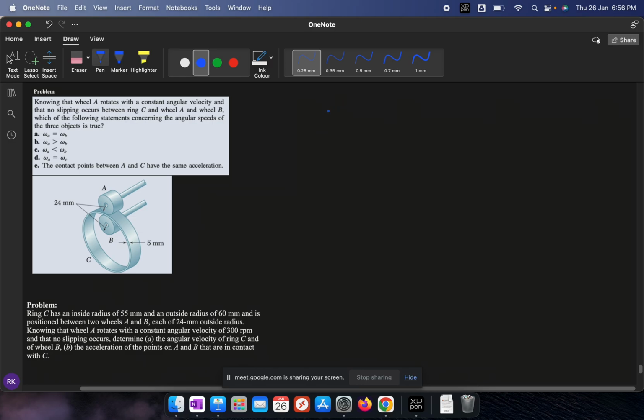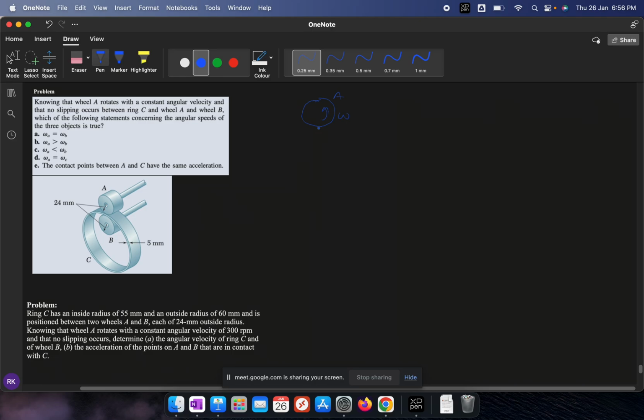Okay, so let's solve it. First, it says that there is a wheel A, and this wheel A is rotating with constant angular speed, which means this omega is constant.